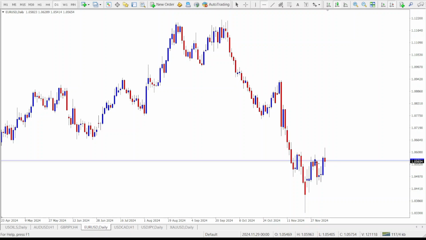let's say around here, I'm just going to give this a color code. Let's say we enter the buy, sorry, edit, just put it to blue.